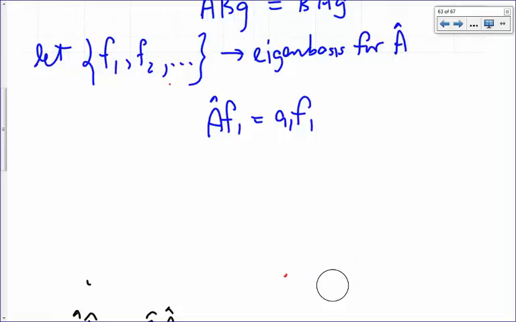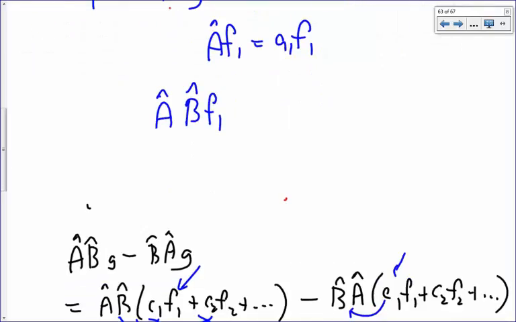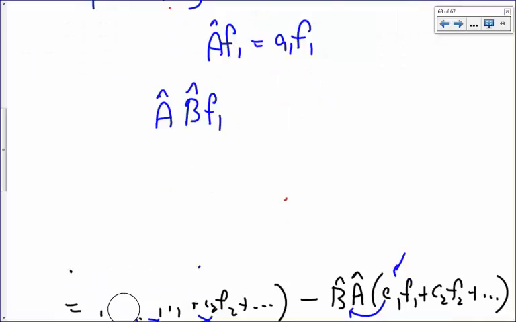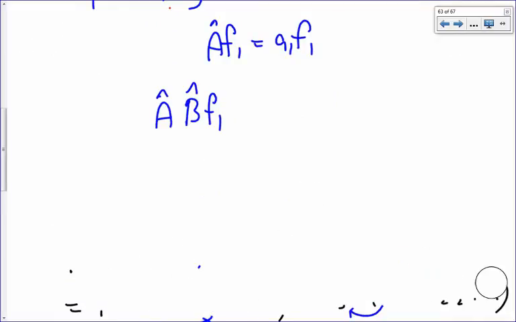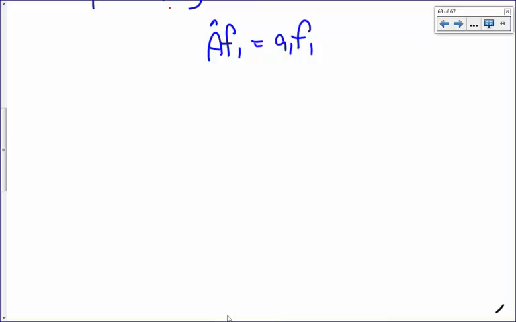So if I were to do A hat, B hat, F1, okay? Actually, let me do B hat, A hat, F1. What are we trying to prove?